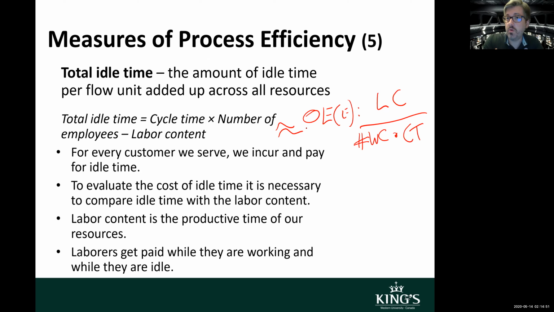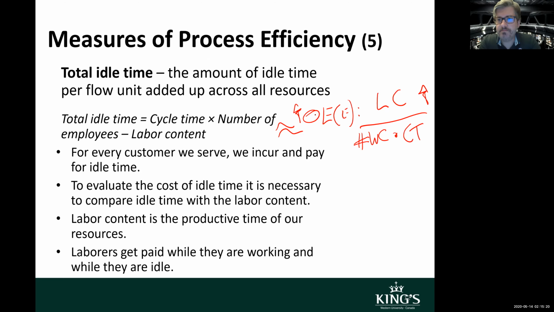Do you want to go about the total idle time, or do you want to see the amount of resources that you're engaging in your process and how well they're being utilized, how efficient those resources are being? So if the labor content is really high, you can see that the numerator goes up, so your efficiency goes up, right?